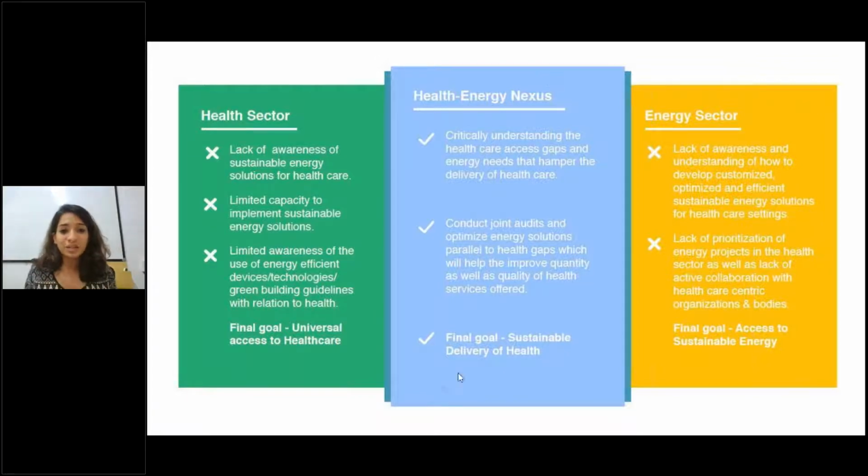But you step back a little more, and the reason the staff is not there is because there isn't energy access for their own comfort for them to then be able to carry out the delivery services that are meant to be provided through that healthcare facility. So the approach here is to really link the healthcare gaps, understand the underlying causes for some of those gaps, and see where energy can play a role in meeting those gaps. Next, please.